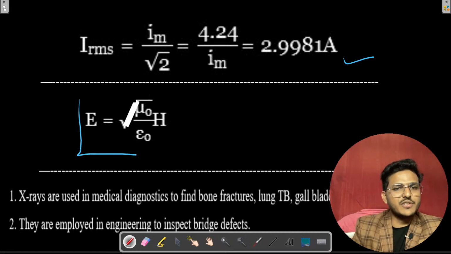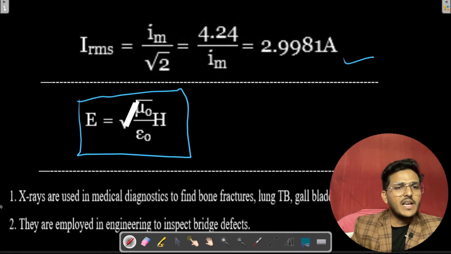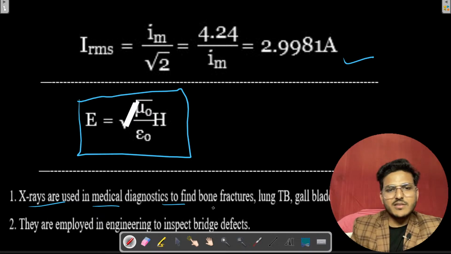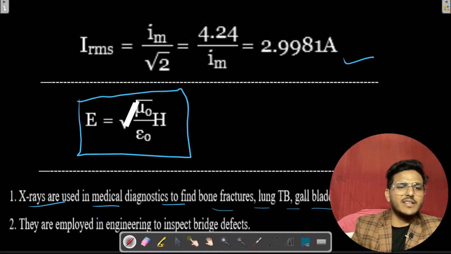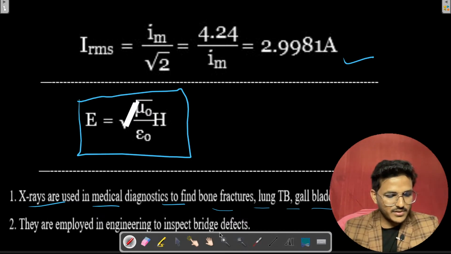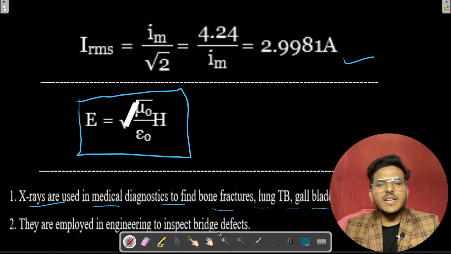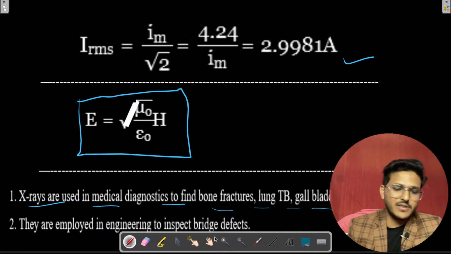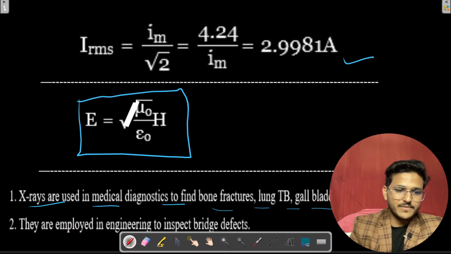The two applications of X-rays: they are used in medical diagnosis to find bone fractures, lung TB, gallbladder stones and kidney stones. They are employed in engineering to inspect bridge defects. PDF notes are available from the link in the description box.